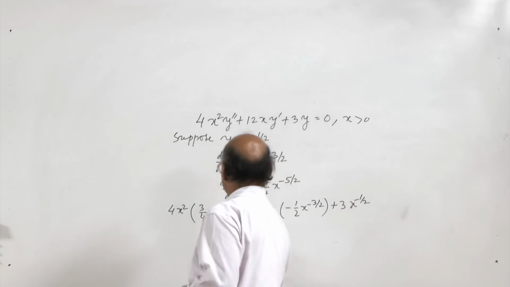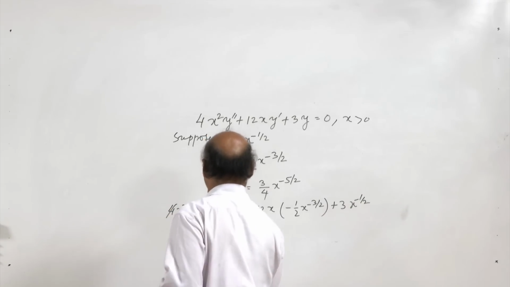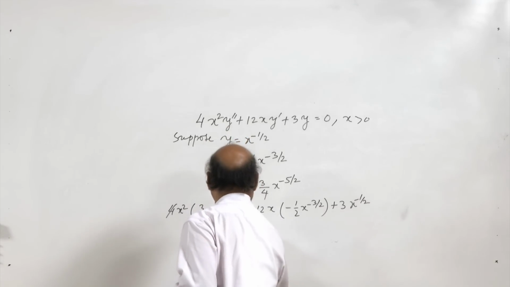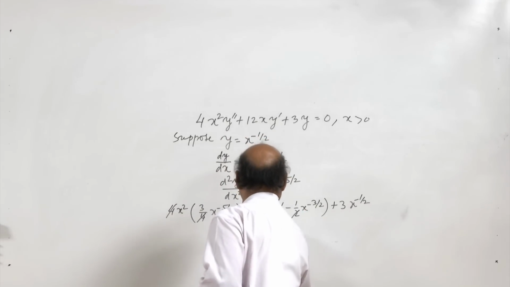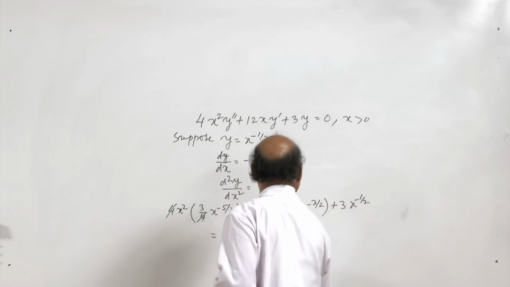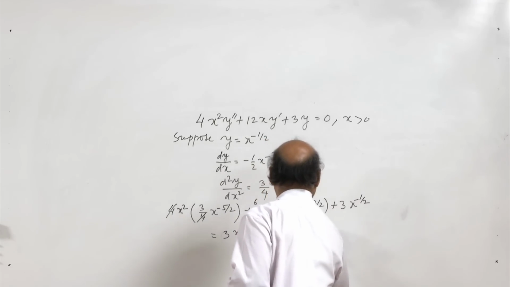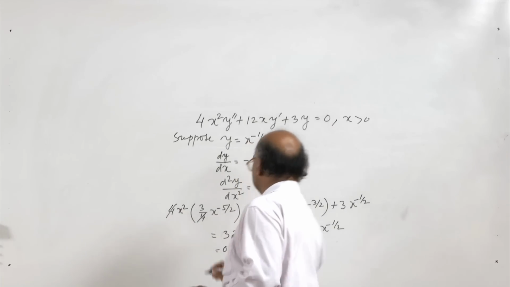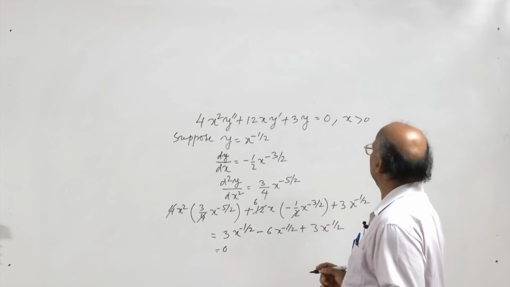Now this is equal to 3 times x to the power minus half, then 6 times x to the power minus half, and then 3 times x to the power minus half, which is equal to 0. So y equal to x to the power minus half satisfies this differential equation, and therefore it is a solution of the differential equation.